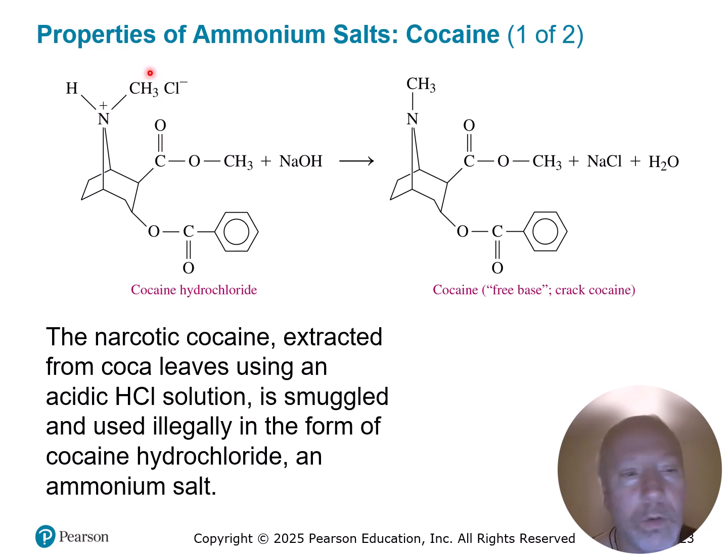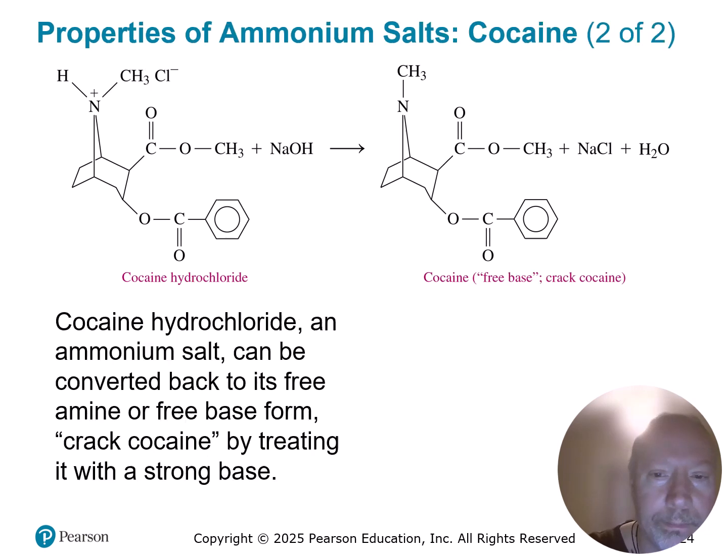So it comes out of an organic solution from the leaves, and it's protonated. One can remove the proton, neutralize this positive charge and get rid of the positive charge, and you come up with this drug that is illegal, that can get people in deep trouble.